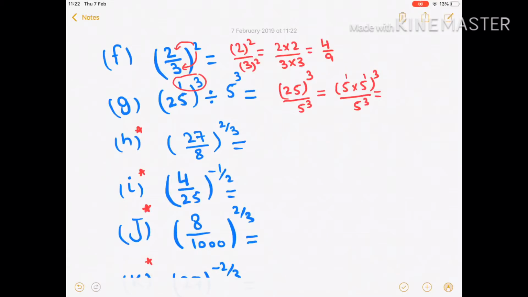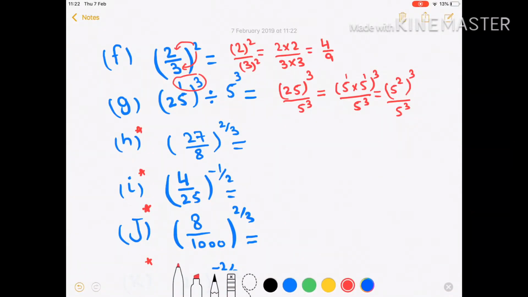When you multiply the similar thing, you have to add the powers. So add 1 plus 1, 2, and at the bottom the same thing. Now again raising one power to another, rule number 3, you have to multiply them. So 2 times 3 is 6, so it will be 5 to the power 6, and at the bottom 5 to the power 3. Now when dividing the same thing you have to subtract, rule number 2, and the answer will be 5 to the power 3.